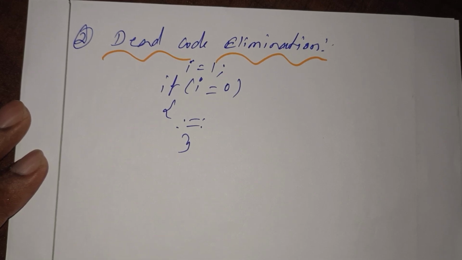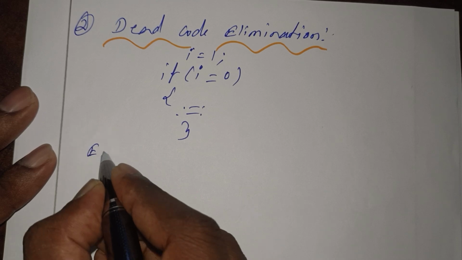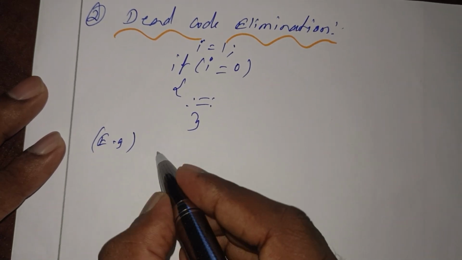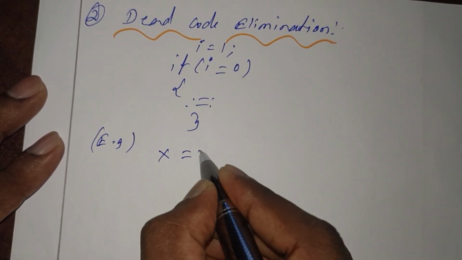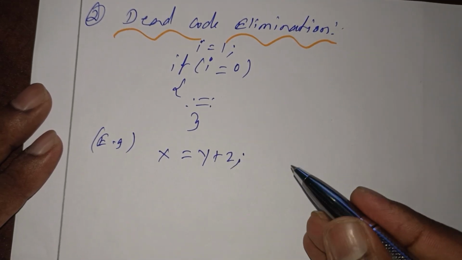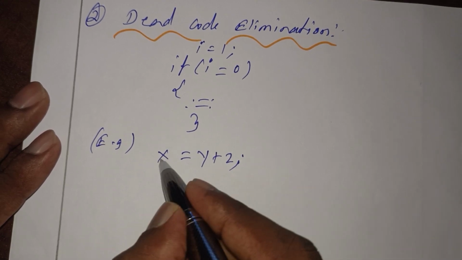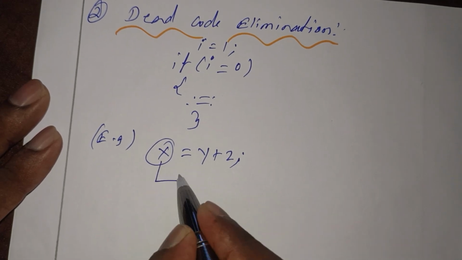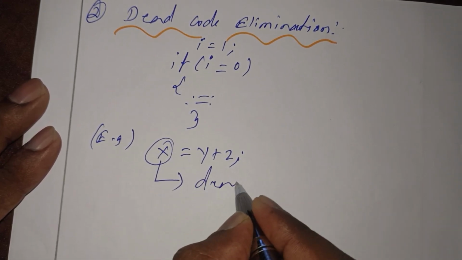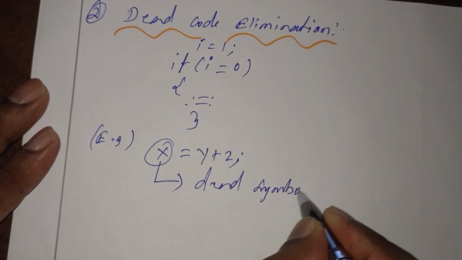Suppose a statement, for example, the next example: x is equal to y plus z. It appears in a block, and x is a dead symbol, that means it will never subsequently be used. So x is a dead symbol.